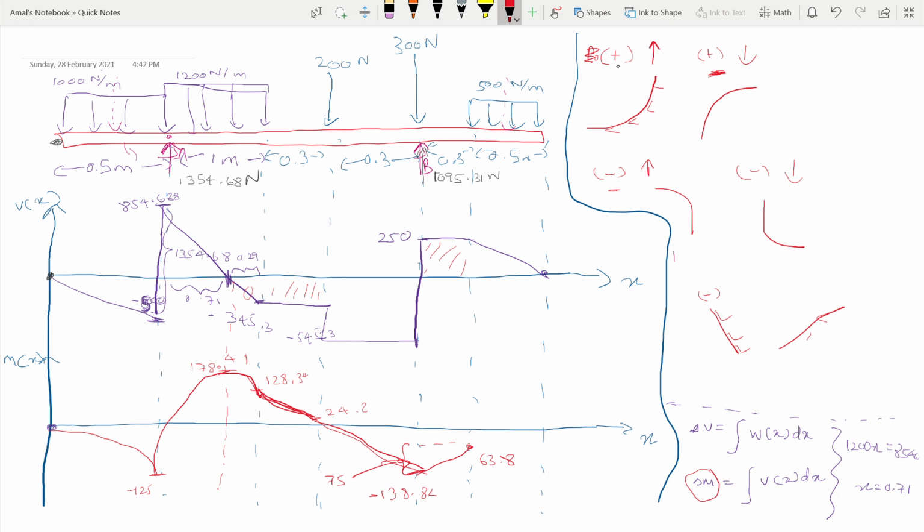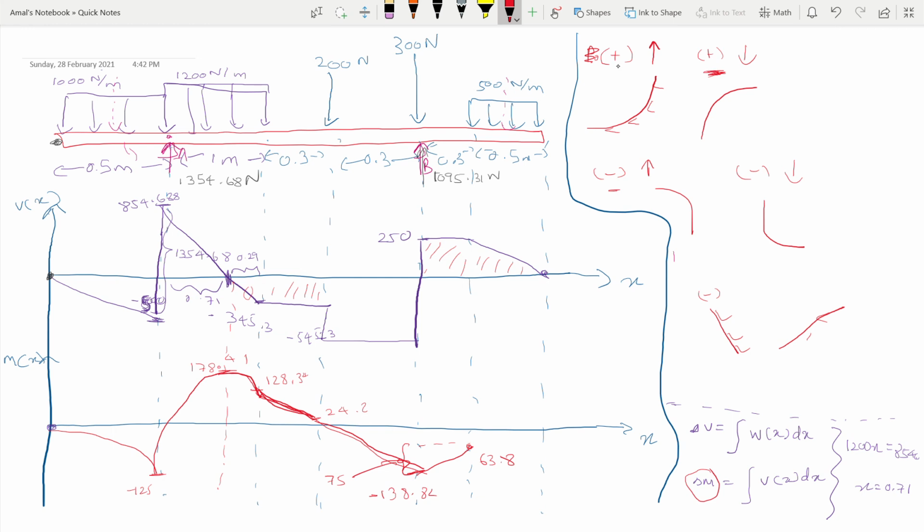Okay, now we have to find the area under this curve to find which value this goes to. And then let's see, so this is constant, positive values decreasing. The positive slope decreasing. This one, something like this.